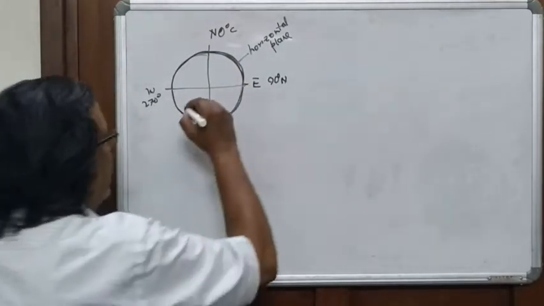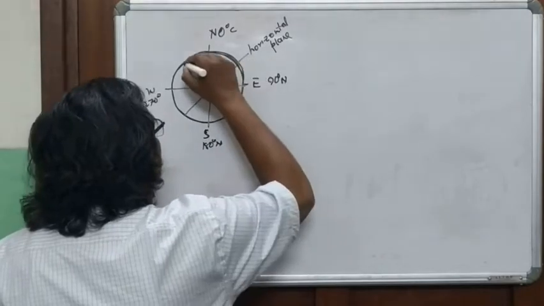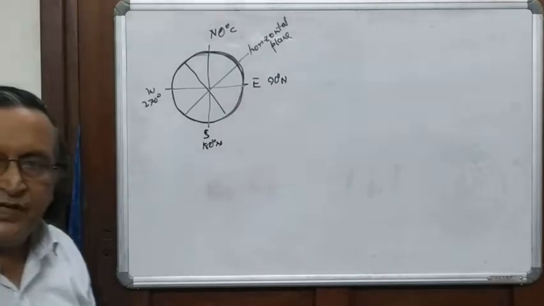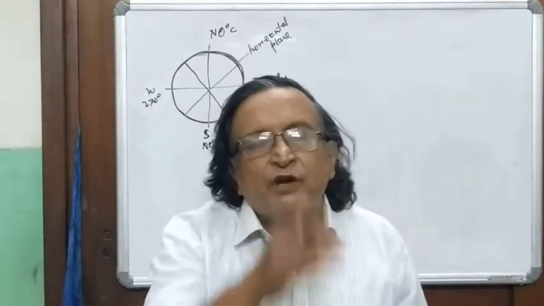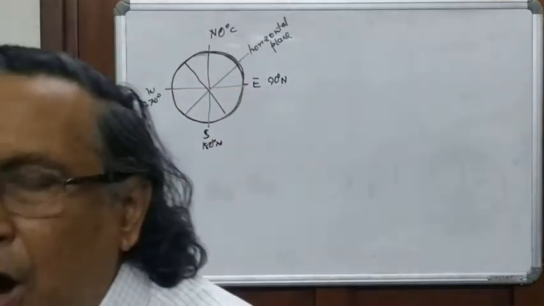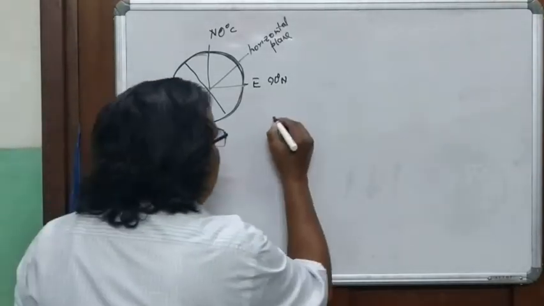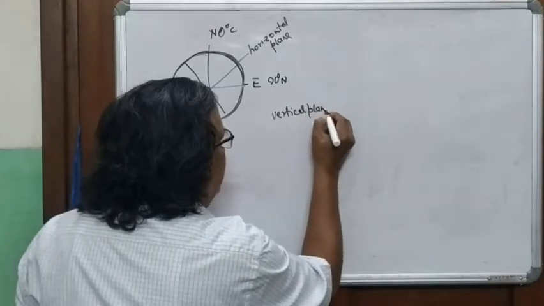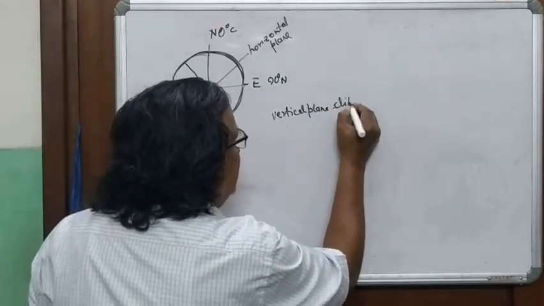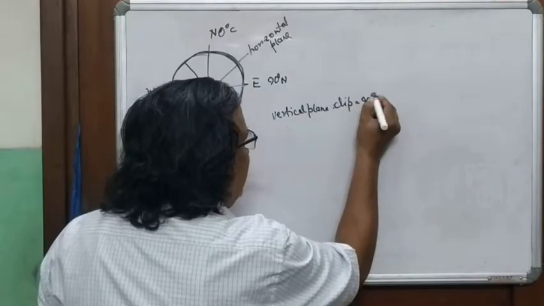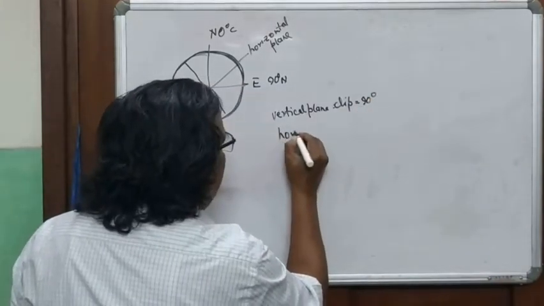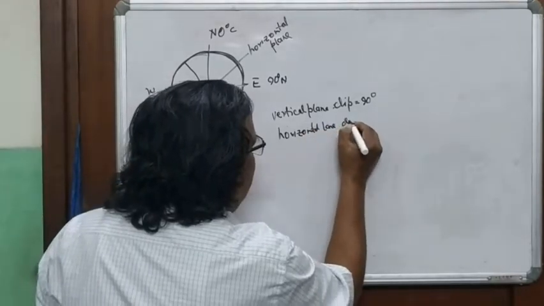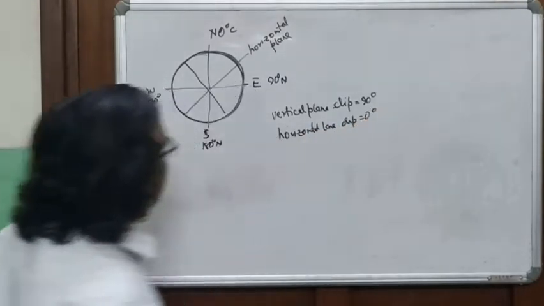And if you have lines like this, that means straight lines, these are actually projections of vertical planes. A vertical plane, in simple language, means dip equals 90 degrees. And for a horizontal plane, dip is equal to 0 degrees.